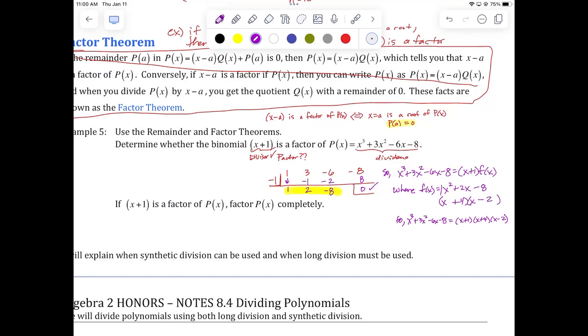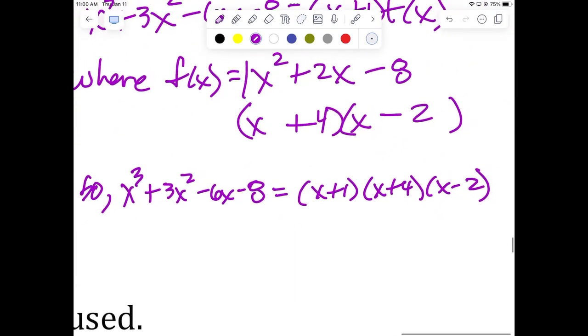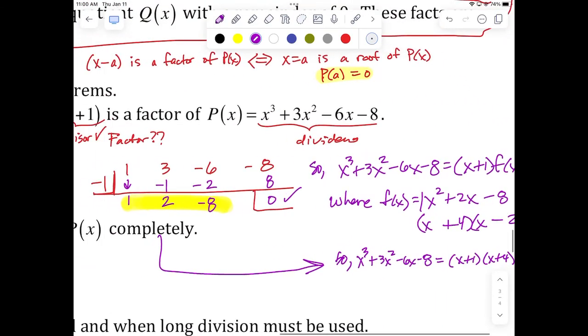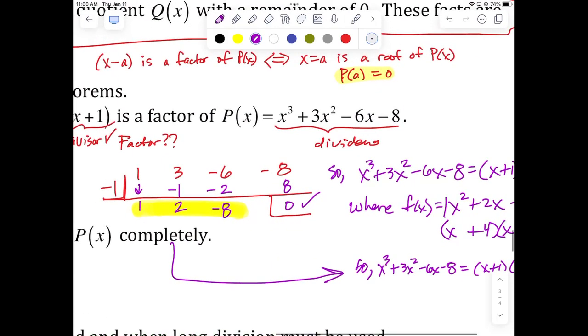So, we already answered the second part. If x plus 1 is a factor, factor P of x completely. We just did that right there. Fantastic. So that's the final answer? That's your final answer right there. There's two answers here. To answer the question, is x plus 1 a factor of P of x? Yes. There's the first answer.